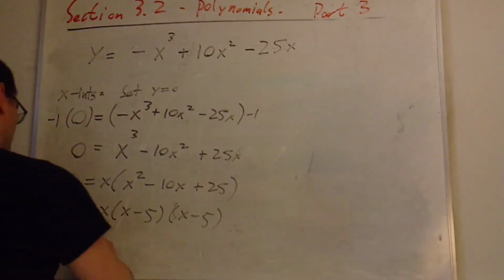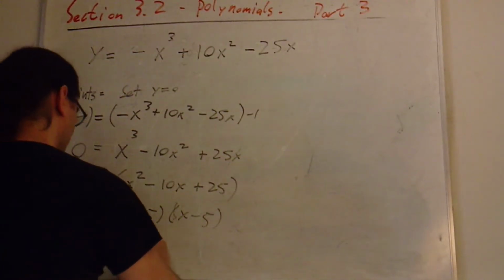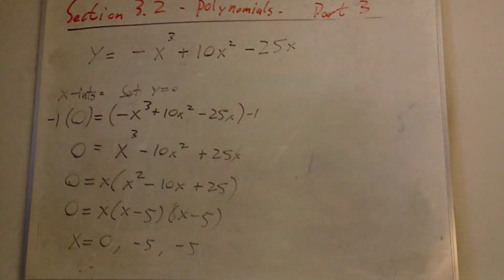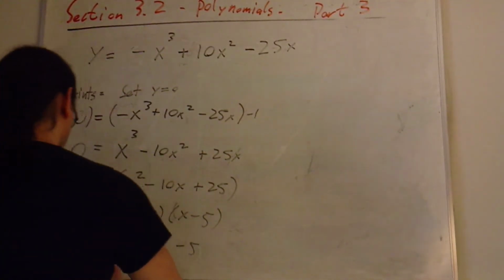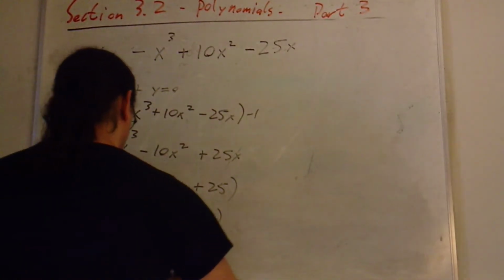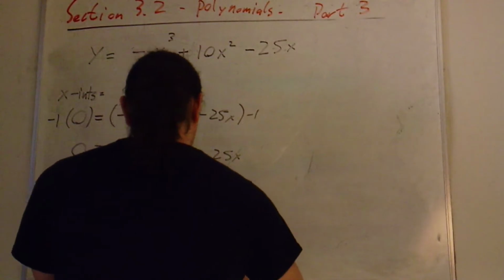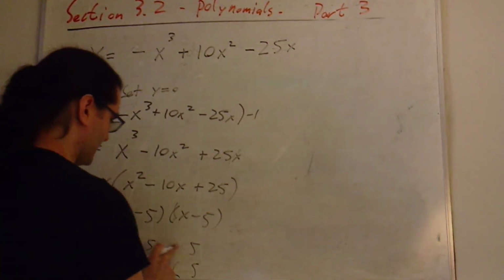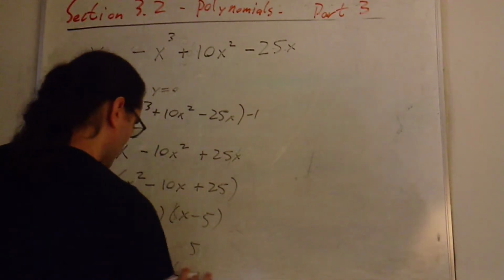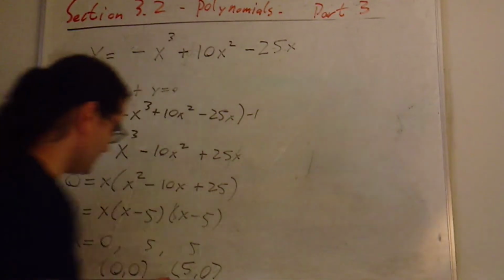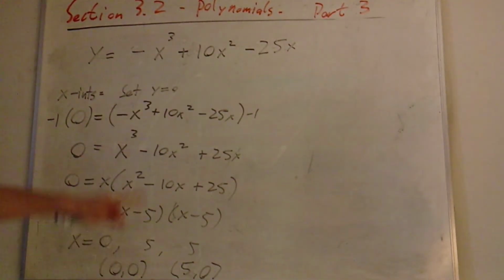So my intercepts are x equals 0 and 5 and 5. One of those is repeated twice. We need to talk about what that means. For now, we'll just say that I have 2 intercepts. Oh, sorry, not -5, positive 5. 0, 0, and 5, 0. These are the 2 intercepts that I come up with when I factor this.